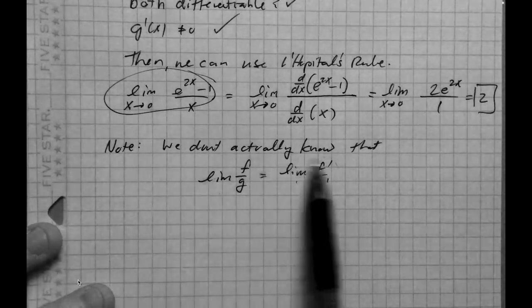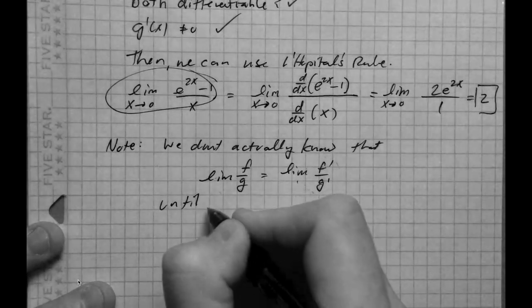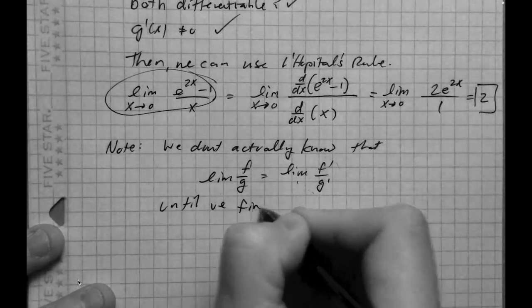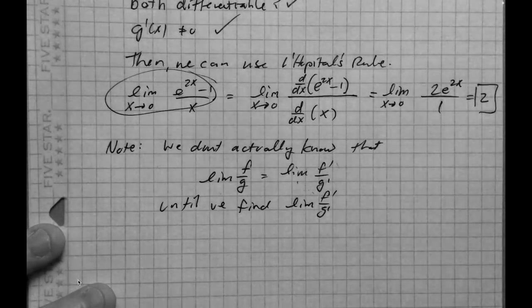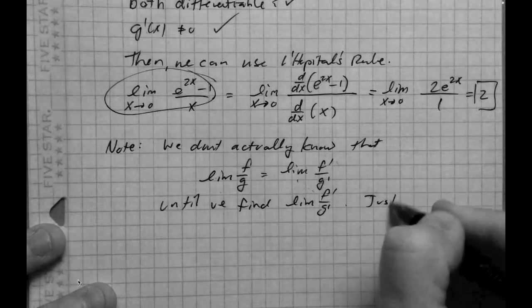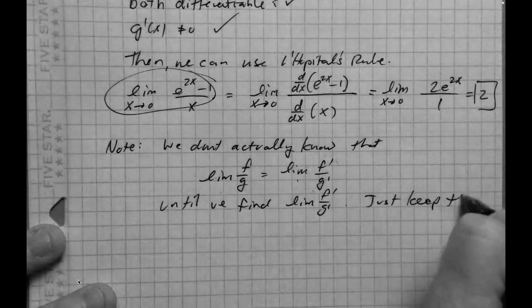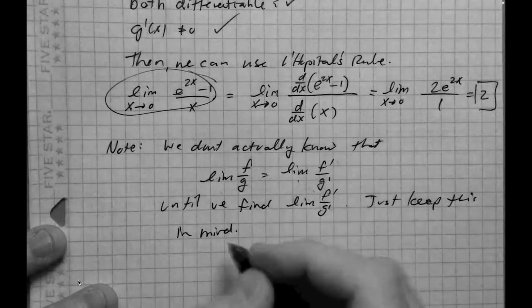So we don't actually know that this is true until we find the limit of f prime over g prime. Okay, this is something just to keep in mind when working through examples.